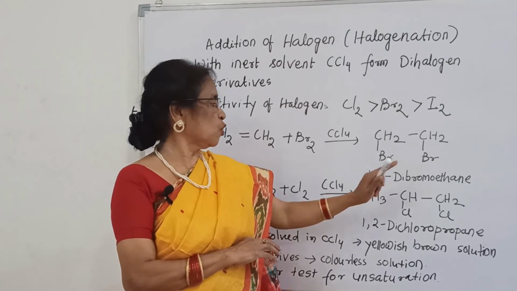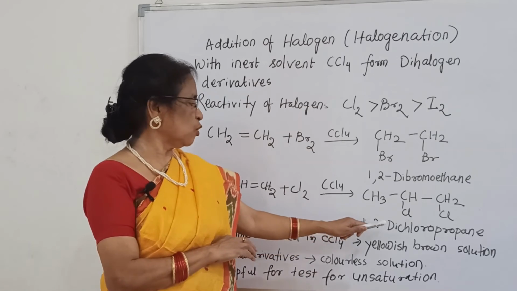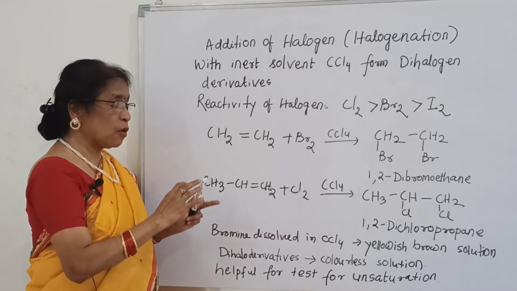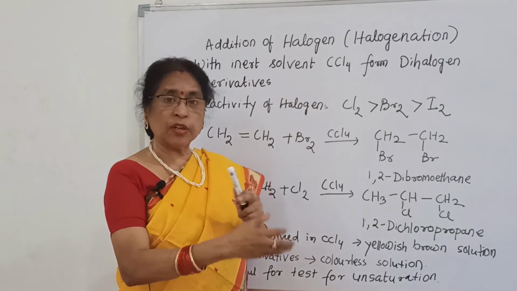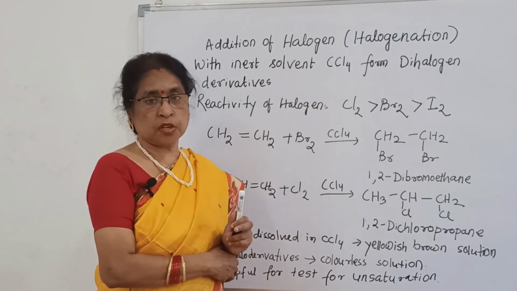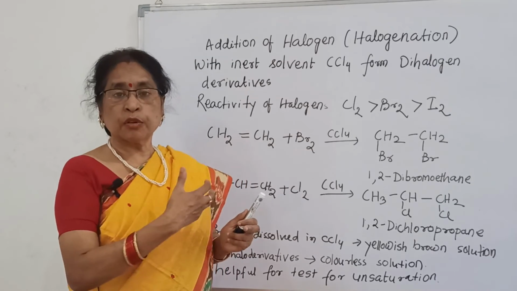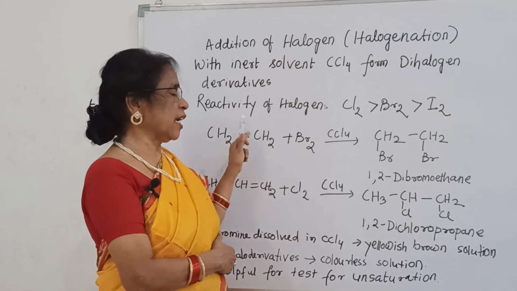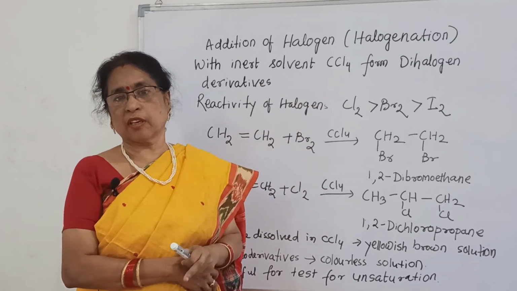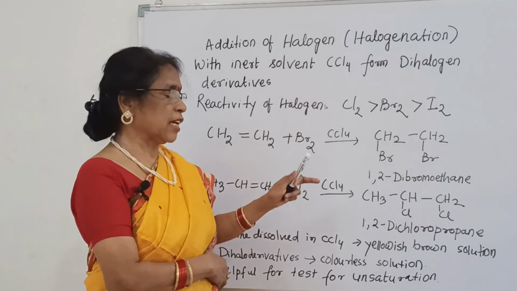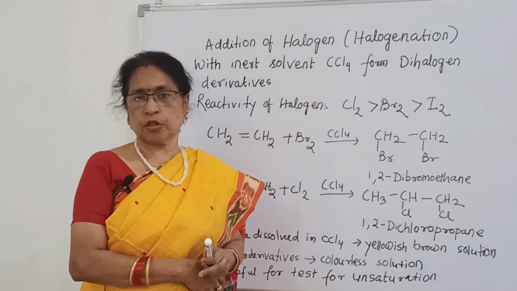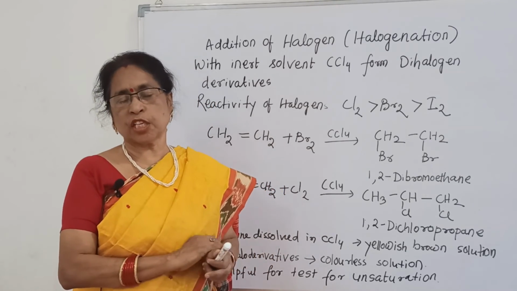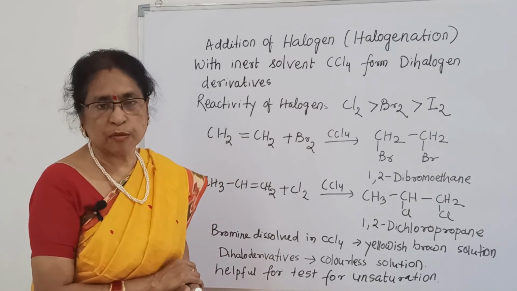That means 1,2-dibromoethane and 1,2-dichloropropane are all colorless solutions. And now how is it helpful? How is it helpful to test for unsaturated hydrocarbon? To test for the unsaturated hydrocarbon, you take alkene and bromine with carbon tetrachloride, it gives a colorless solution. If it gives a colorless solution, then it is unsaturated hydrocarbon.